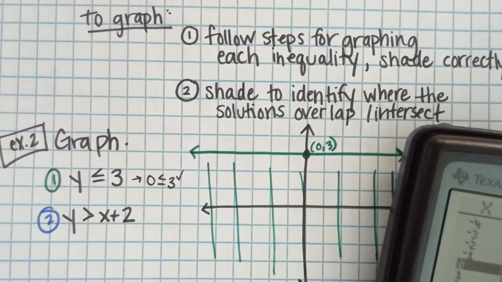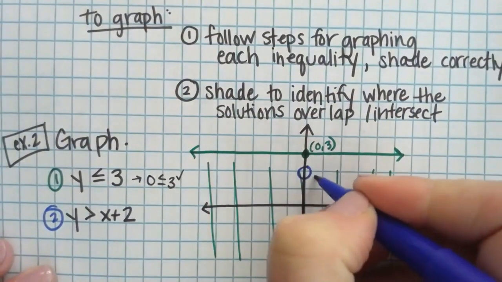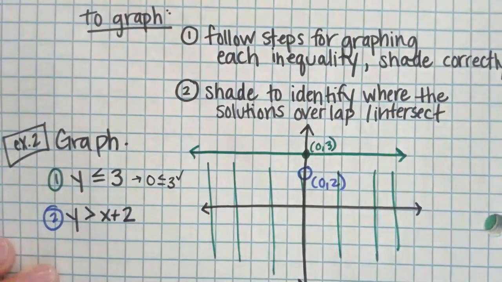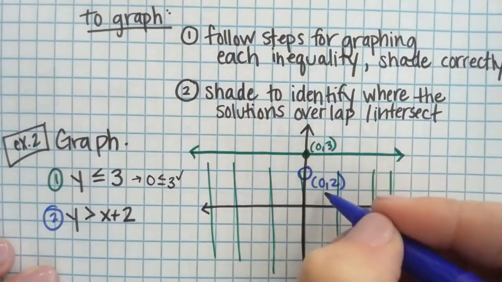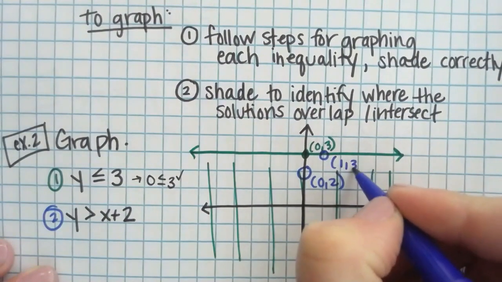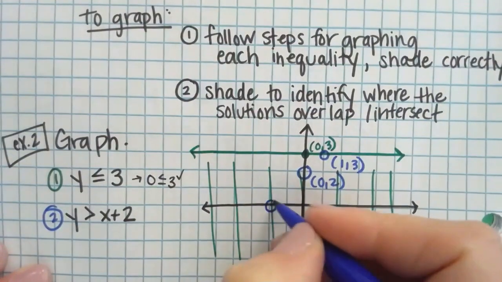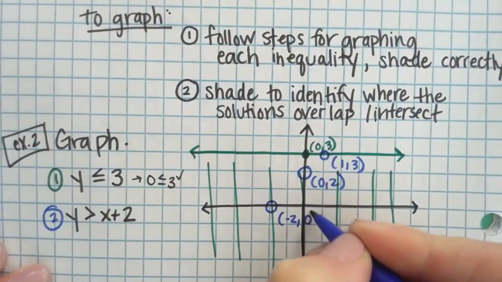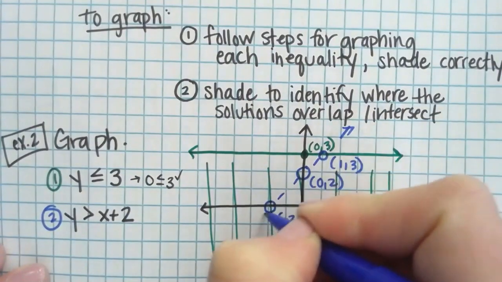Okay, so I have an open circle at 0, 2. I have an open circle at 1, 3. 1, 2. And let's do -2, 0. So this is a dashed line then going through here.